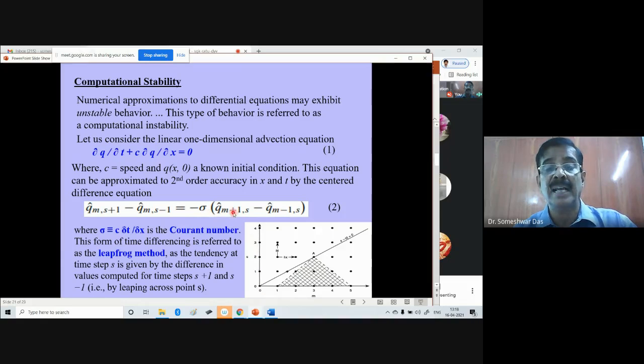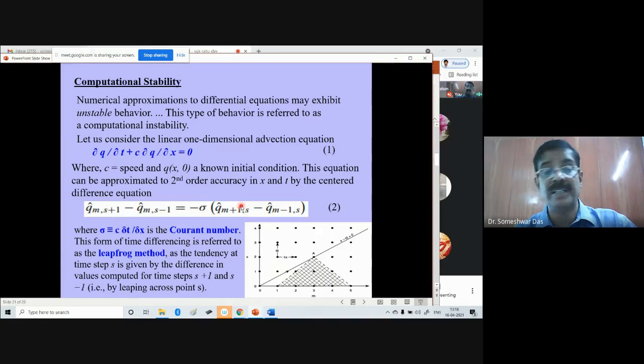So this is S plus 1 minus S minus 1, the value of q at the point M. At this point M, the central difference is written with this formula, Q_M^(S+1) minus Q_M^(S-1). So this is called the central difference, both in time and in space.